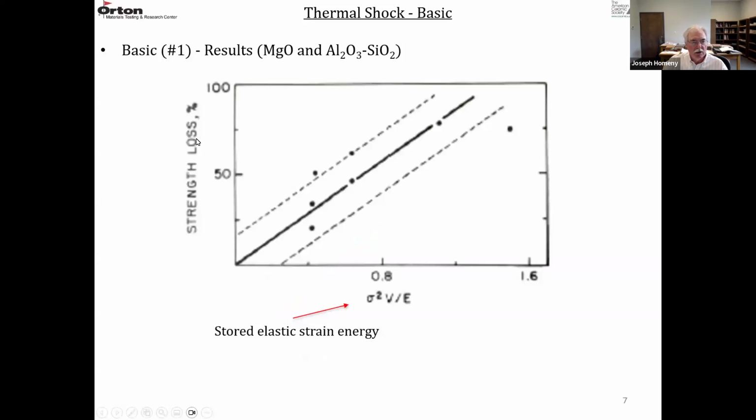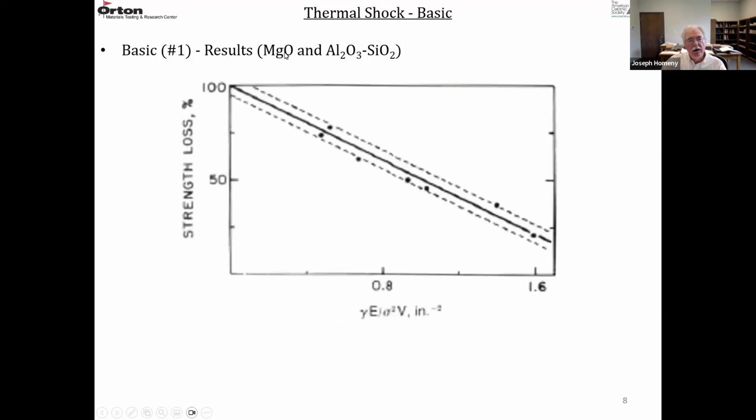So this is strength loss for MgO and the alumina silica materials. And this is basically the inverse of R4 prime, the stored elastic strain energy. So the higher the stored elastic strain energy in the material, the greater the driving force for fracture, the higher the strength loss.